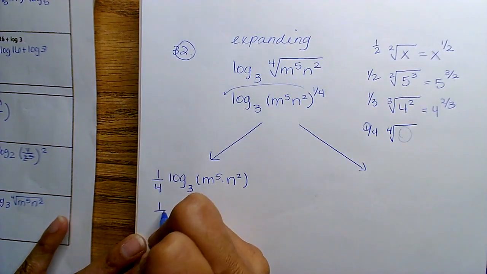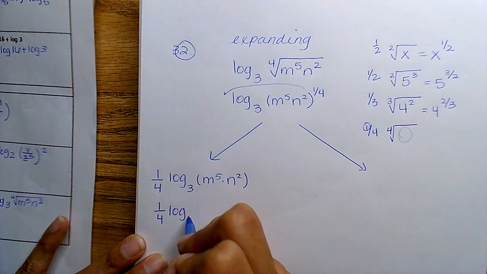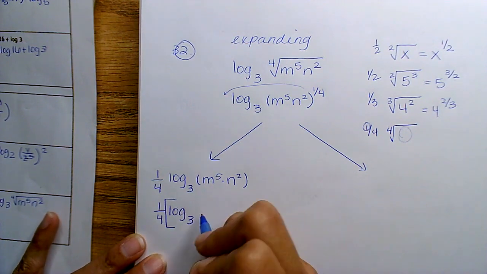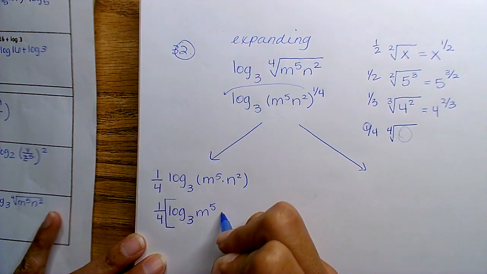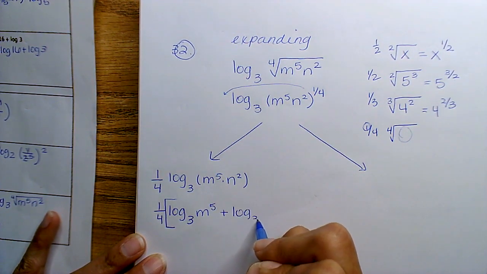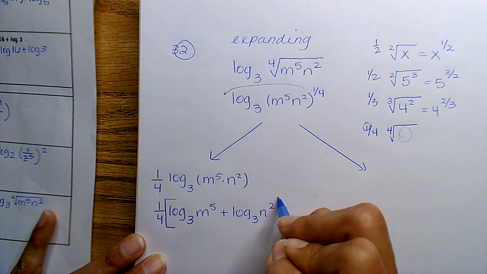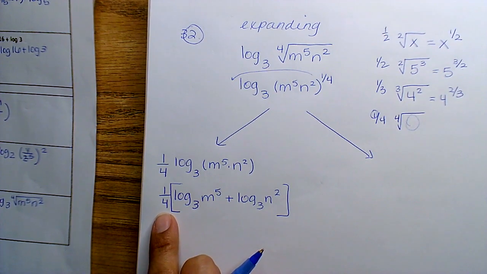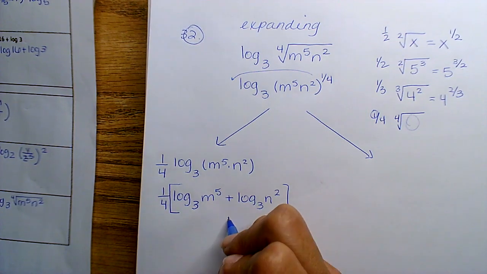So it would be 1/4 times log base 3 of m to the 5th plus log base 3 of n squared. You just have to know how to bracket that. So it's kind of like you wanted to only write one coefficient using the power rule, then you put it in the front. Okay, so this is correct.